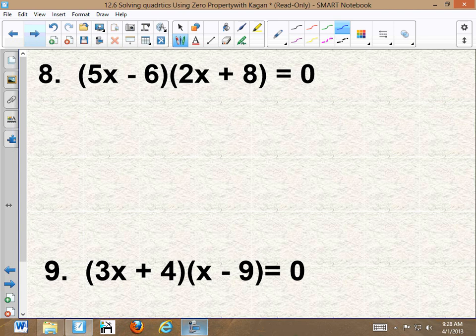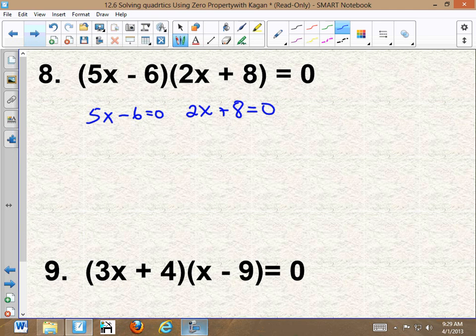Number 8 looks a little different. How do you think I should go about solving this? Yes, Yesenia, how am I going to solve this? You're just going to bring it down. That's all you do.